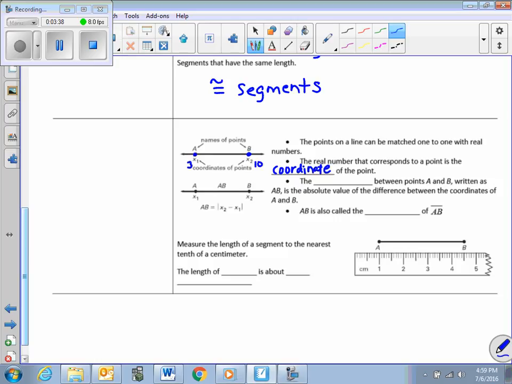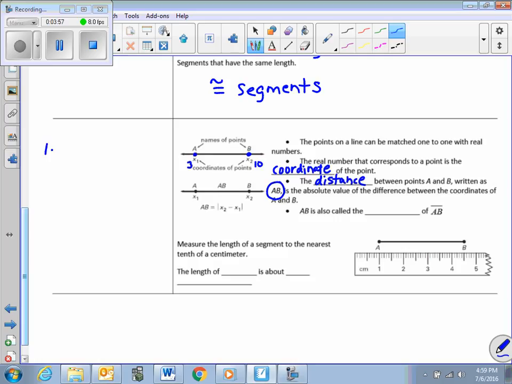The distance, we talked about that. The distance between points A and B, written as AB. Now this is important to note here, guys. The distance or the length of AB is written as AB without the little line segment mark over the top.